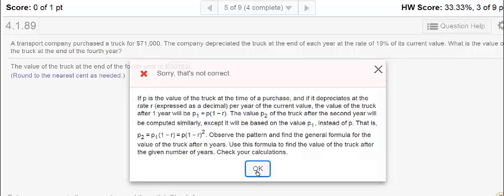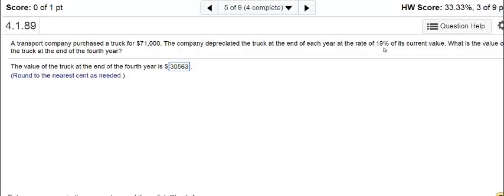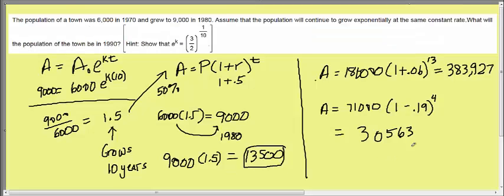And let's see, 71,000, 19%. I probably typed in the wrong value in my head. So let's see, 1 minus 0.19. No, 71,000 to the 4th, right?